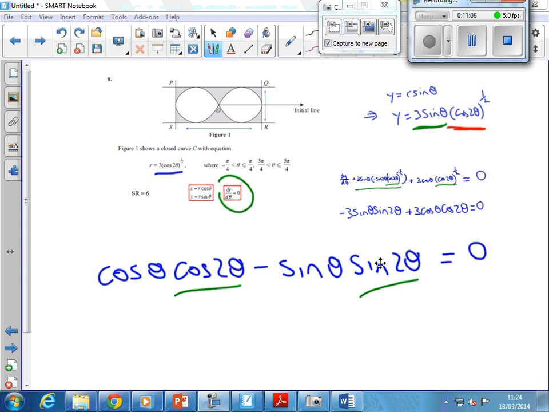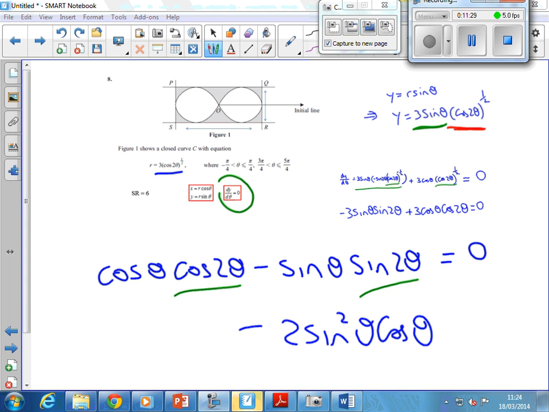If I multiply 2 sine theta cos theta by sine theta, let me just deal with that first. What do I get? I get minus sine theta times 2 sine theta is 2 sine squared theta cos theta.